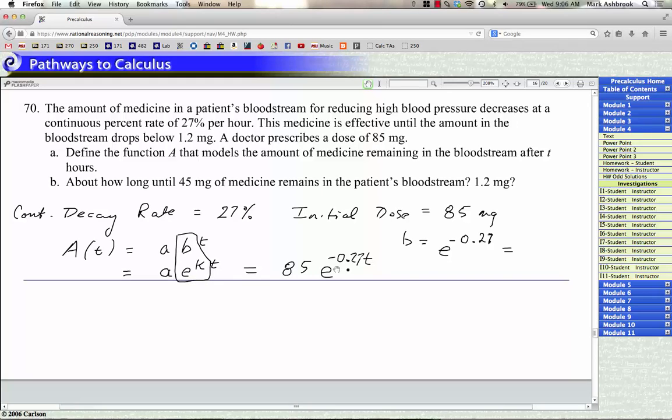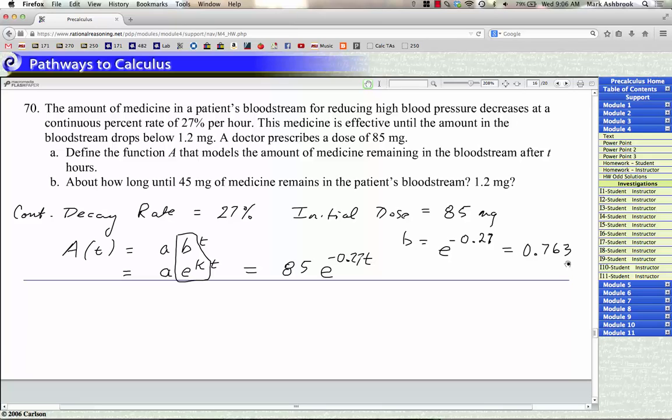Those are equal. So the true percent decrease comes from the true decay factor. So e to the negative 0.27 is 0.763, which means a decrease of 76.3% per hour? Nope, that's what remains.